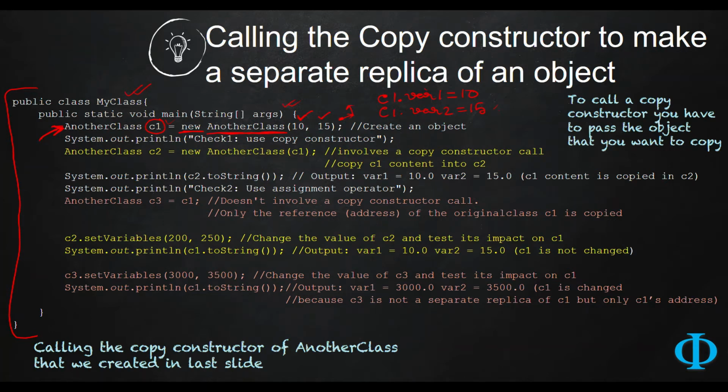All right, so now let us check the use of copy constructor. How can I call the copy constructor? You can see the copy constructor call in this line of code. Here I am creating another object of another class, C2, which is again an entirely new object of another class, but this time instead of passing 10 and 15, I am passing C1, which is basically an object of the same class.